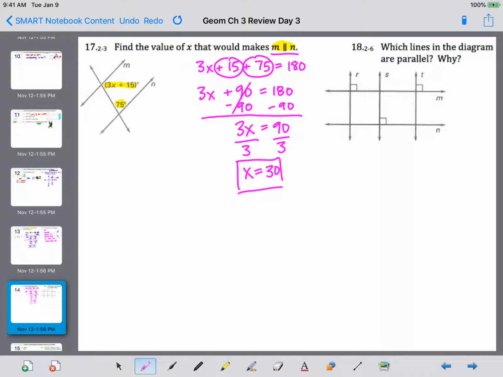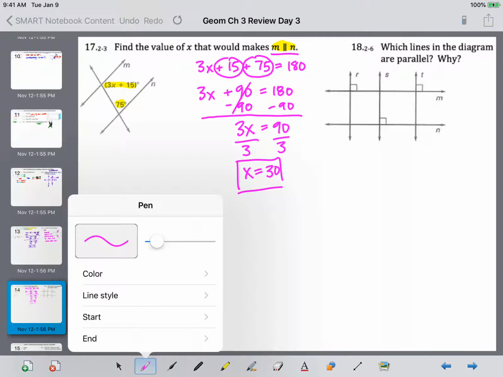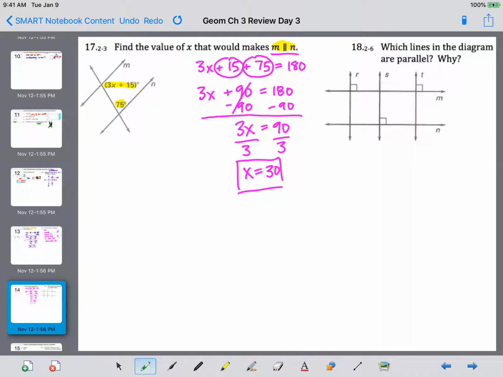Okay, in number 18, we had a few problems like this in section 3.6. So the first thing that I always look at is where do I have a match? In other words, where do I have two right angle symbols in line with each other?